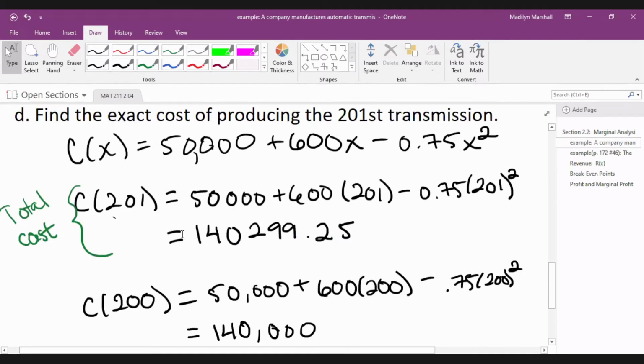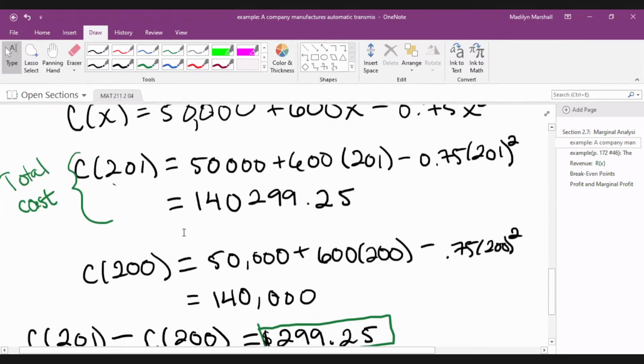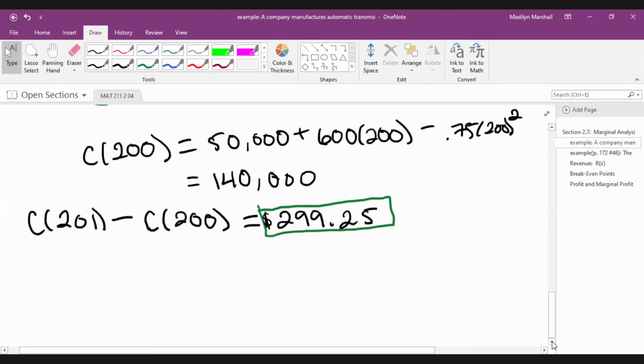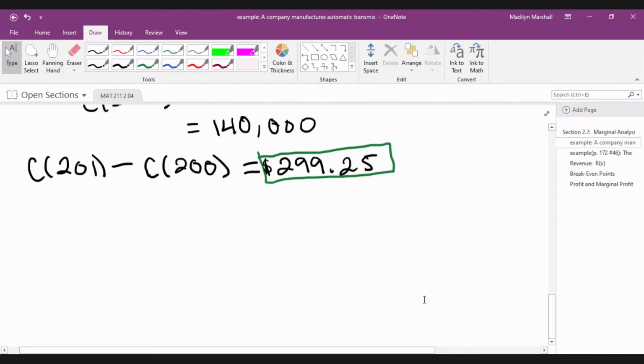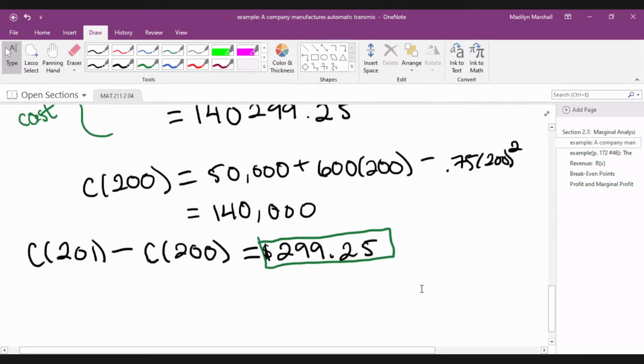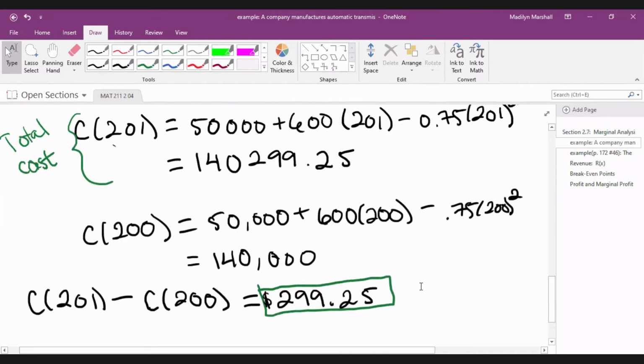If it's the change in cost, does that mean that it's $299 more than it was before? Or does that mean that it's $299 to produce it, so the change is only 75 cents?